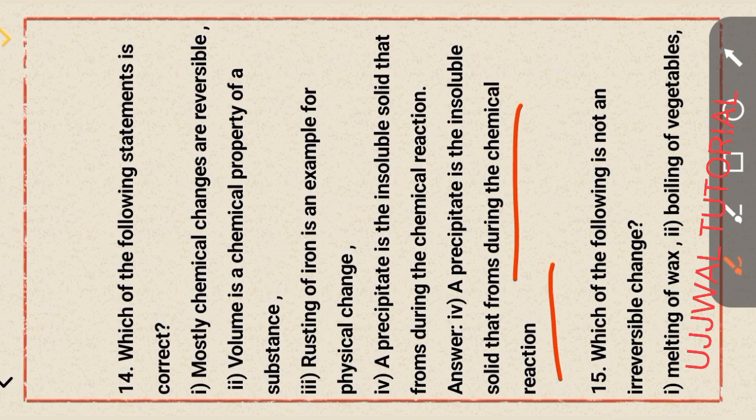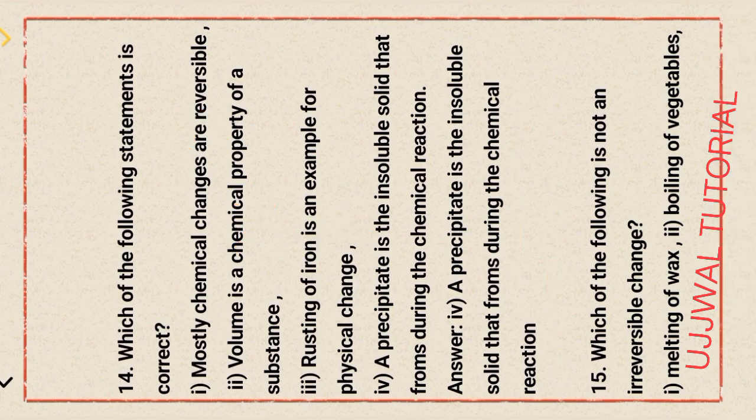Mostly chemical changes are reversible. Wrong. Volume is a chemical property of a substance. Wrong. Rusting of iron is an example of a physical change. Wrong. So option 4 is the right answer.